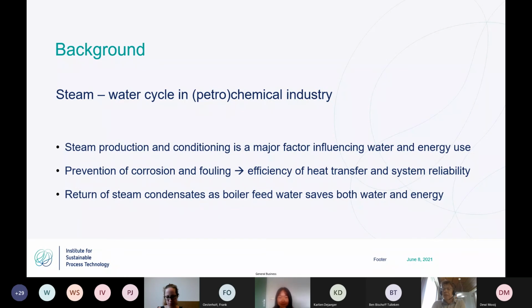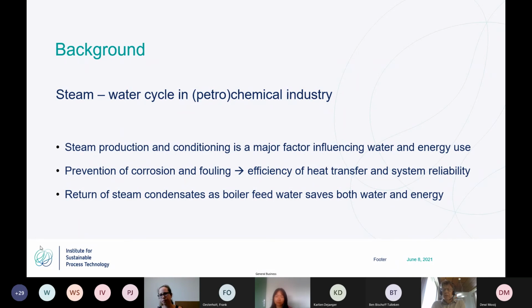We try to return steam condensates as much as we can. For all these measures, we need, of course, boiler feed water with a pretty stringent specification, especially on organics, and that's one of the major topics in this project. How stringent these specifications should be, could be, and what the impact is if they are not met.